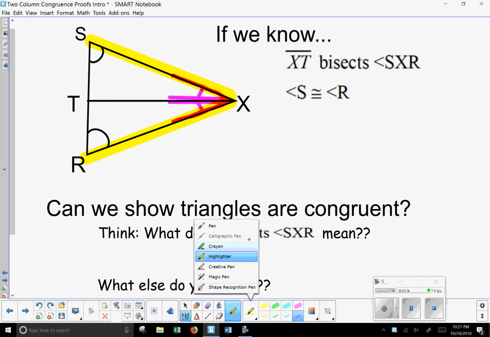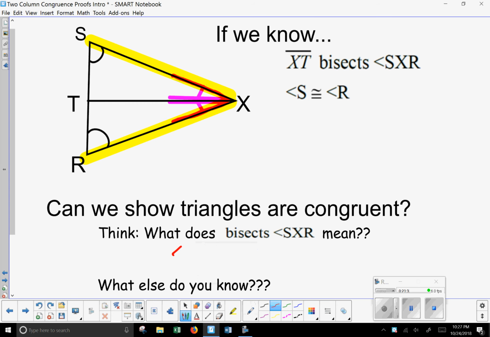So I know that angle SXT has got to be congruent to angle RXT. And I know that because of the definition of bisect. Okay.